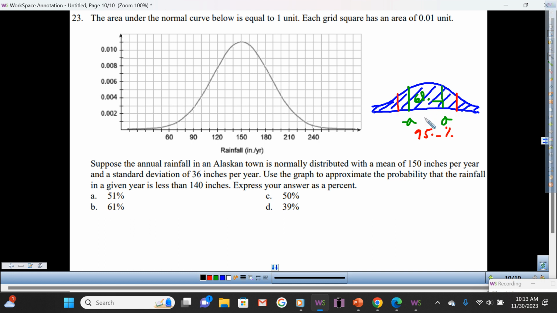And then the third standard deviation was 99 point something. So what is the total percent under the curve, everyone? 100%. That is correct.